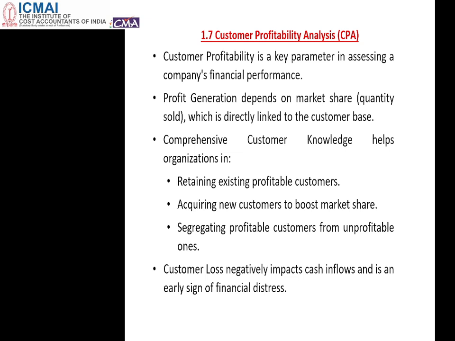In that case, the strategy would be promotional schemes to be focused on this kind of customer base, and loyalty programs to increase the sales, because right now the sales are low in this segment, and hence to attract them more, to keep them hooked to the product, certain promotional schemes and loyalty programs are required to be drafted or introduced afresh to increase the sales of these potential customers and move them into the winner category.